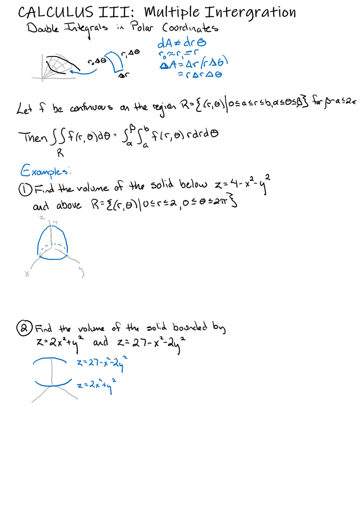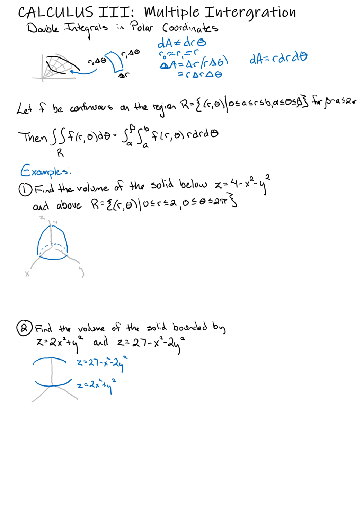Technically these are approximations, but this is how we'll write dA. As we take the limit of the delta A, we'll end up with r dr d theta.